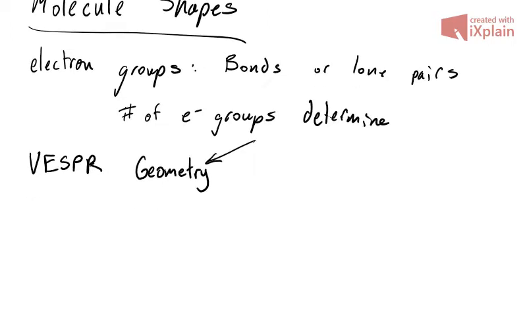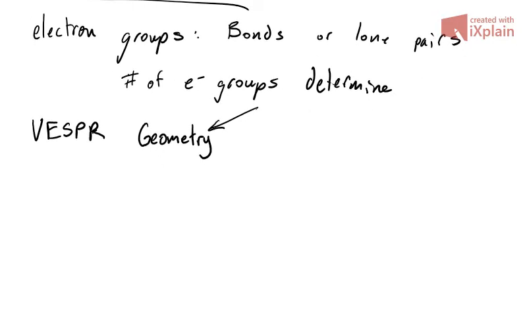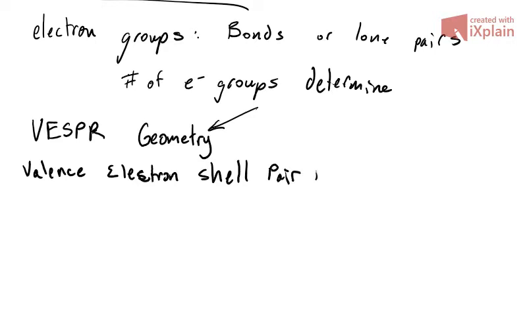VSEPR stands for valence electron shell pair repulsion. Technically, the E and the S are switched, so it's VSEPR, but VSEPR sounds much cooler, so we're going to say VSEPR.